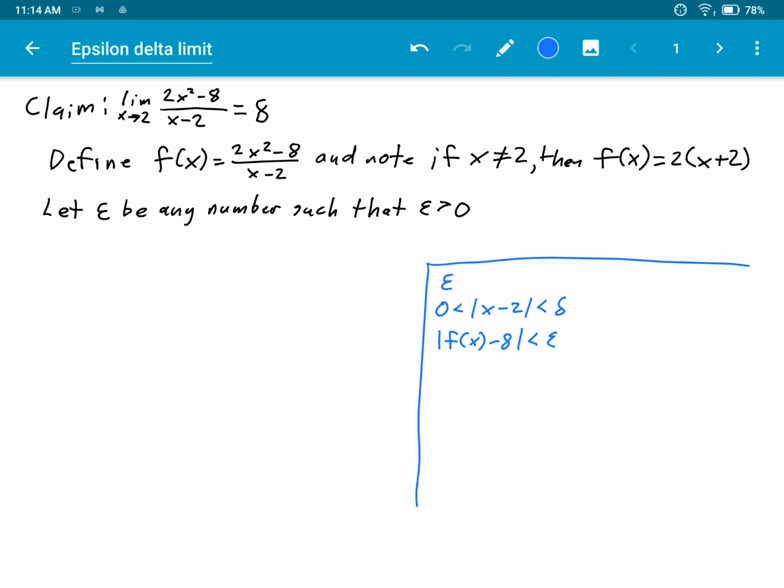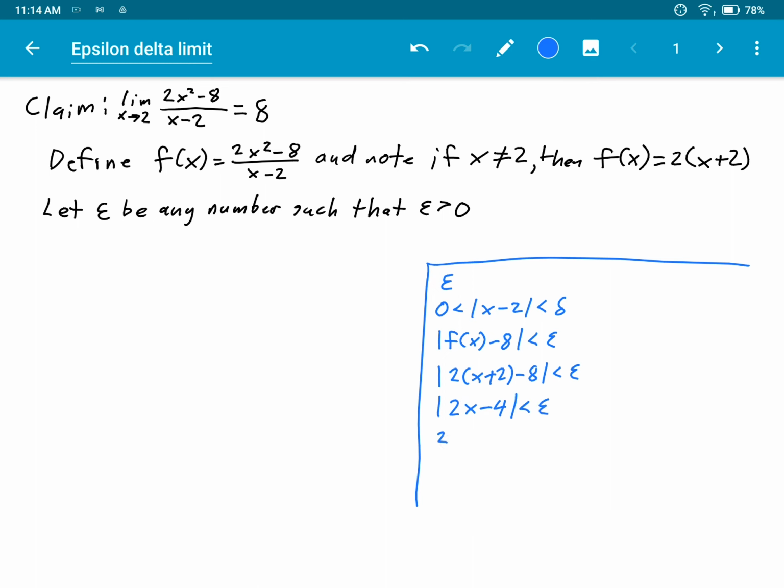So, solving this f of x minus 8, we get the absolute value of 2 times x plus 2 minus 8 is less than epsilon. Or 2x minus 4, the absolute value, is less than epsilon.